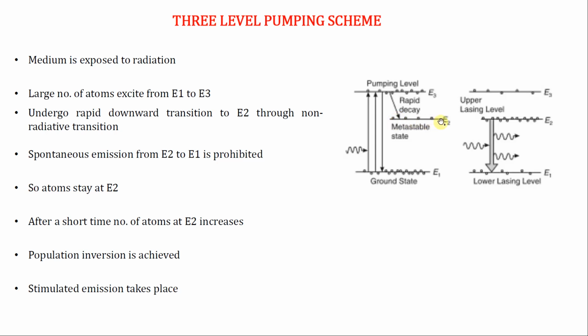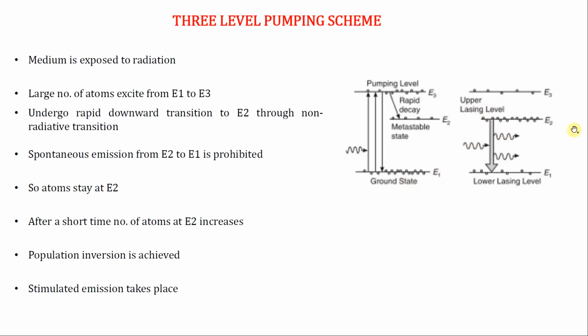And once they are in E2, they are prohibited from doing spontaneous emission from E2 to E1. In the metastable state, the atoms can stay for a long time, so many atoms can get accumulated here. The resultant will be that the number of atoms at the metastable state E2 will become more than that at the lower energy level, the ground state.